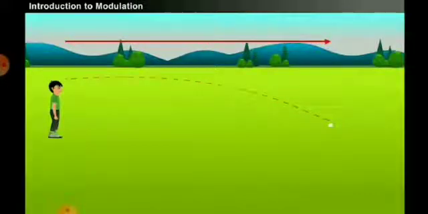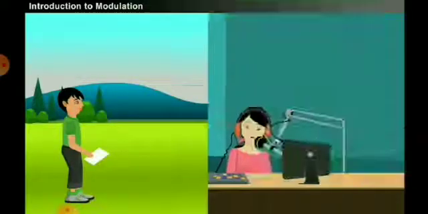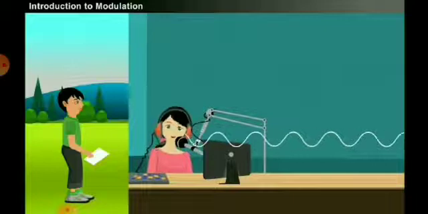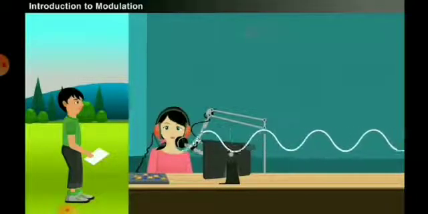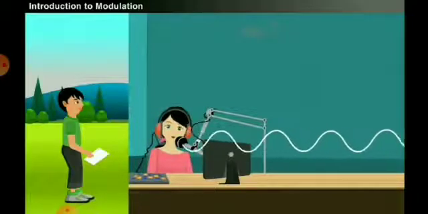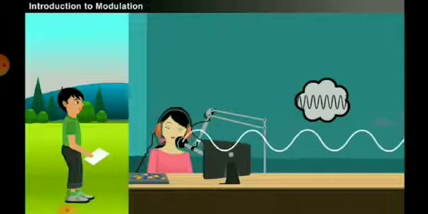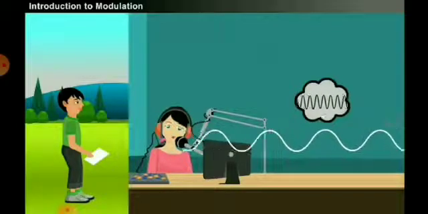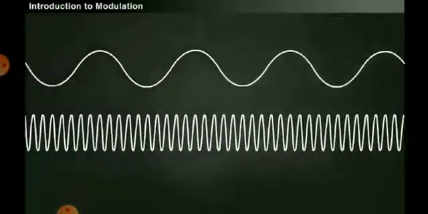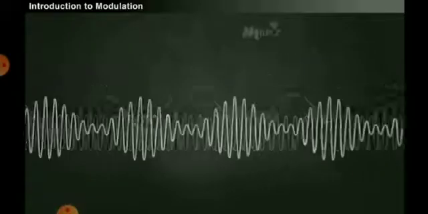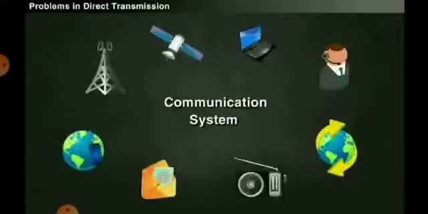Here we can compare the less weight paper to the low frequency message signal in the communication system. This weak signal cannot travel across a longer distance without any loss. Hence, we take the help of a high frequency carrier signal by superimposing the low frequency message signal on the high frequency carrier signal. We can send the message over longer distances.